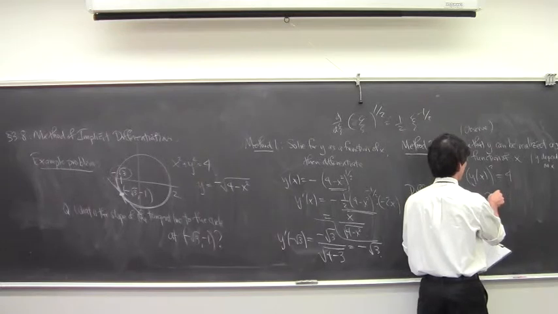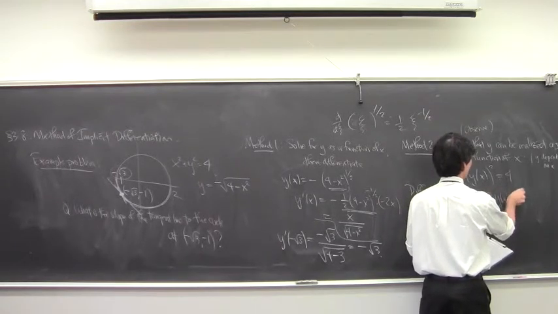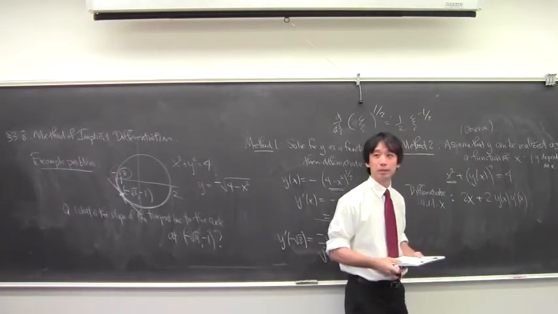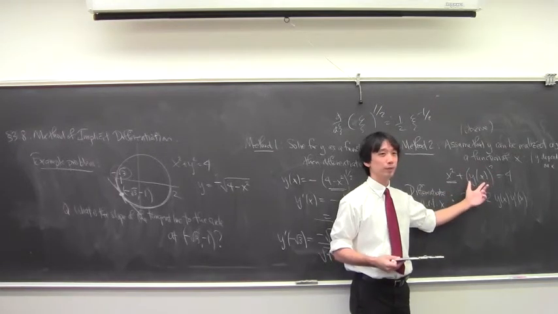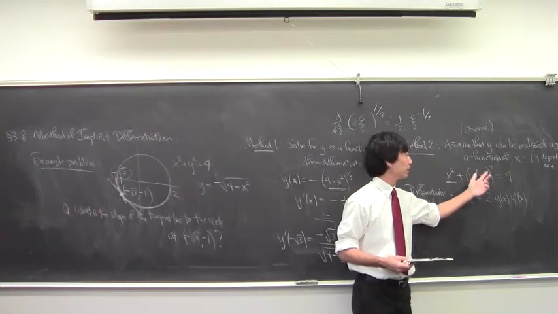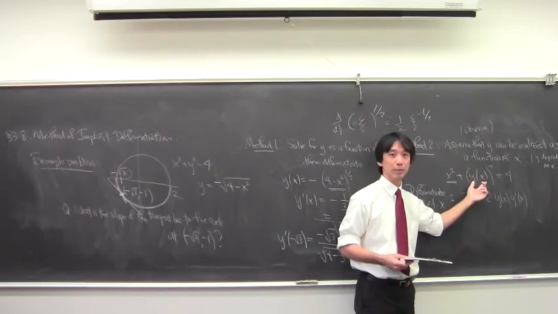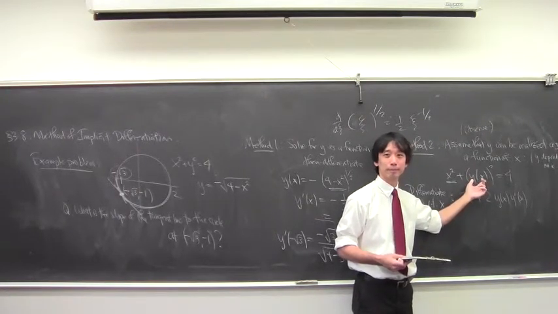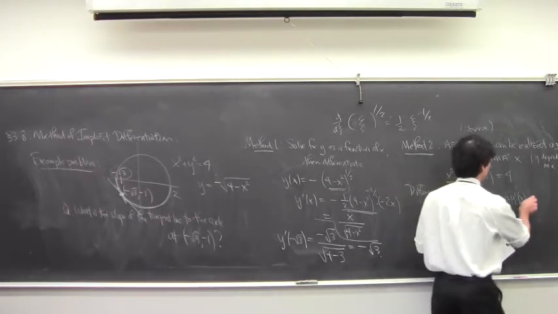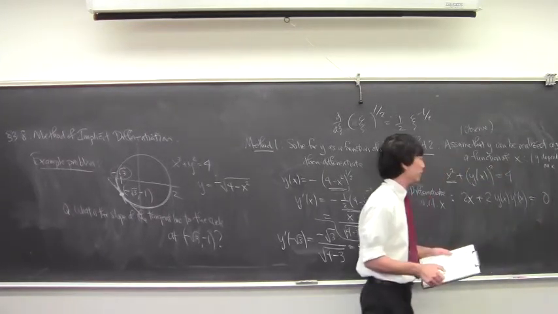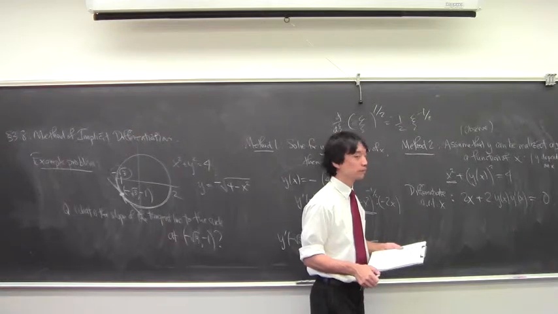So 2y of x, y prime of x, by the chain rule again. You've got something squared, you differentiate the outside guy, you get 2 of y, and then you need to multiply by the derivative of y. And then the derivative of 4 is of course 0.